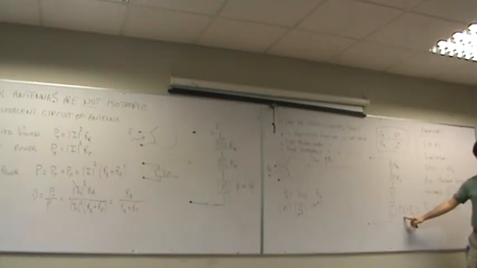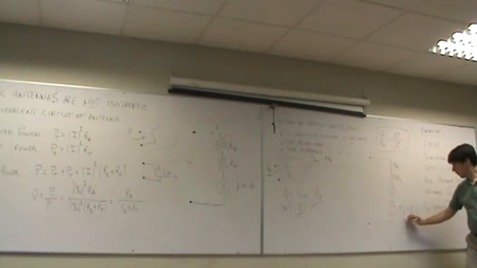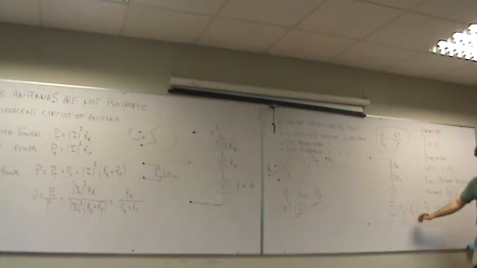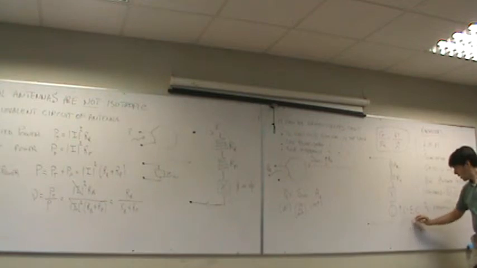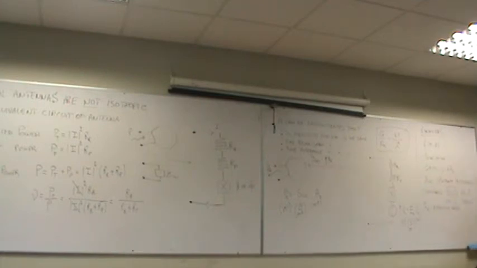So, the voltage generator dimensions are volts. What are the dimensions of the electric field? Volts per meter. So this parameter must have dimensions of meter. This is called the effective length of the antenna.